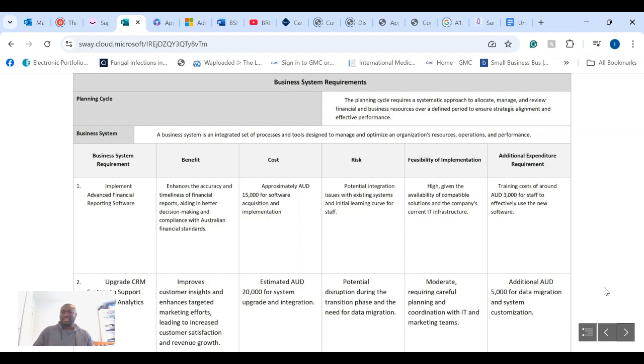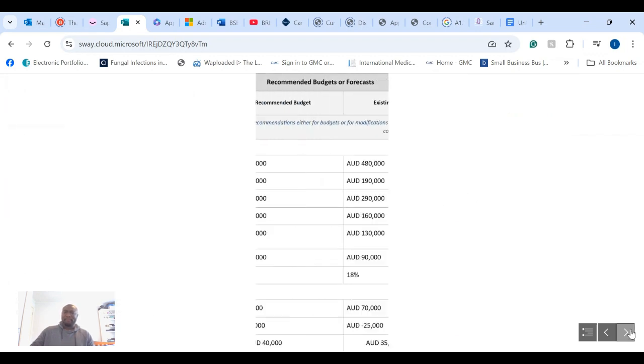Looking at the risk, there could be some little disruption during the transitioning phase, but the feasibility is that with proper planning and coordination with our IT team, we should be able to do this. We are looking at it costing around 5,000 Australian dollars for data migration and system customization.